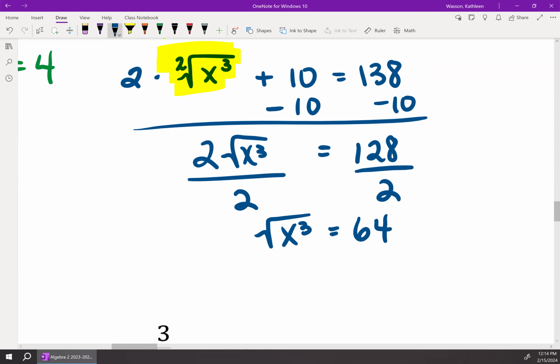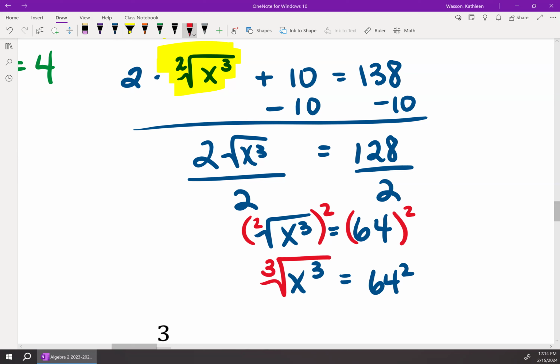Now I need to take the radical off, take the exponent off. First step, raise to the second power because my index for a square root is 2. Now I can take the radical off. I get x to the third equals 64 squared. To take the exponent off, I do cube root x to the third.